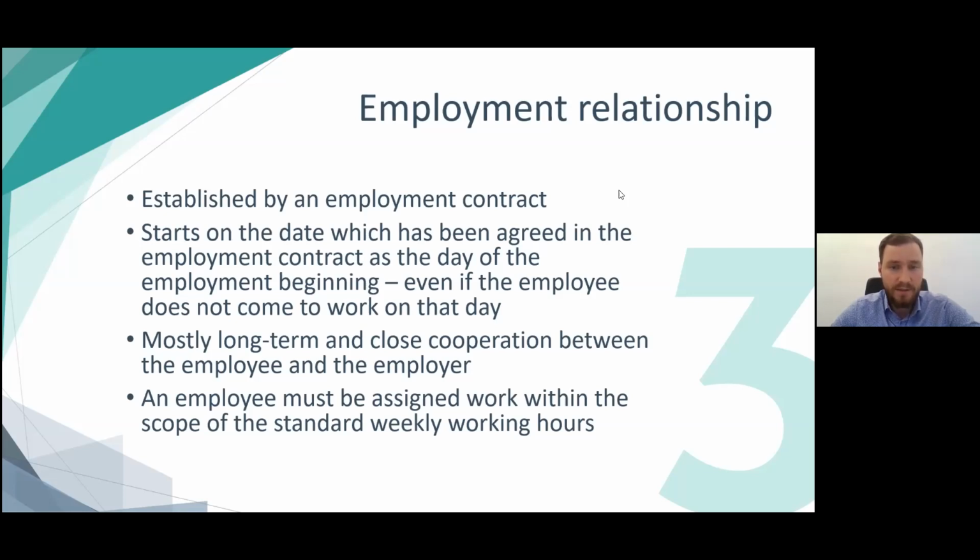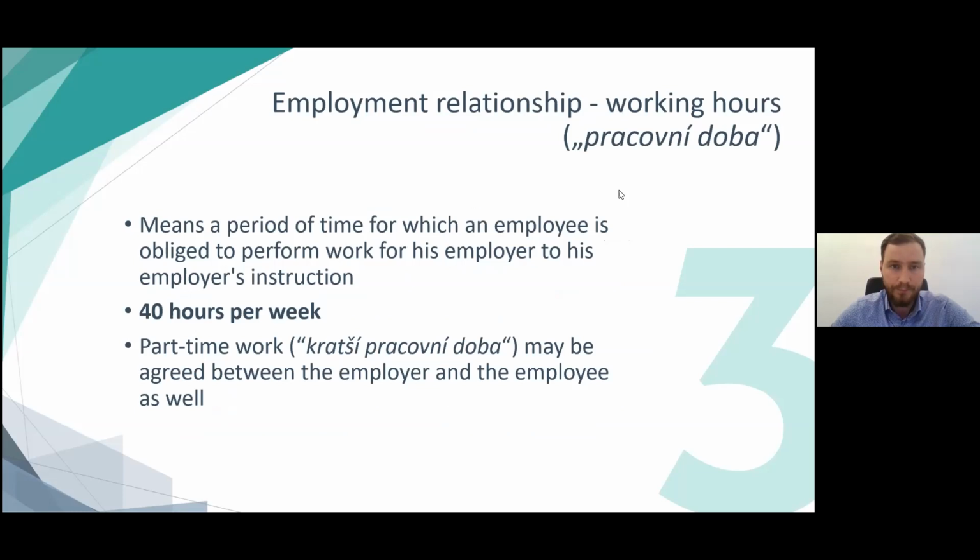Employee must be assigned work within the scope of the standard week working hours. So the working hours per week means a period of time which the employee is obliged to perform work for his employer according to the employer's instructions. It's usually set for 40 hours per week. Sometimes it's a little less. Or you can be a part-time worker, but still in an employment relationship.